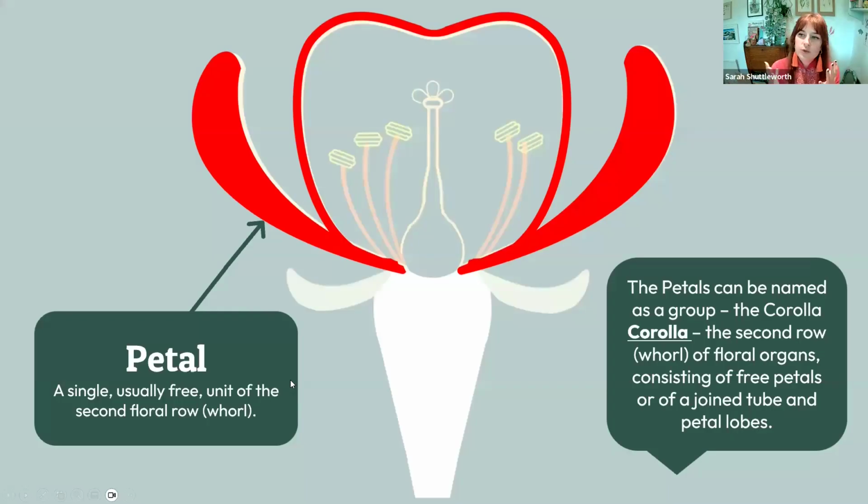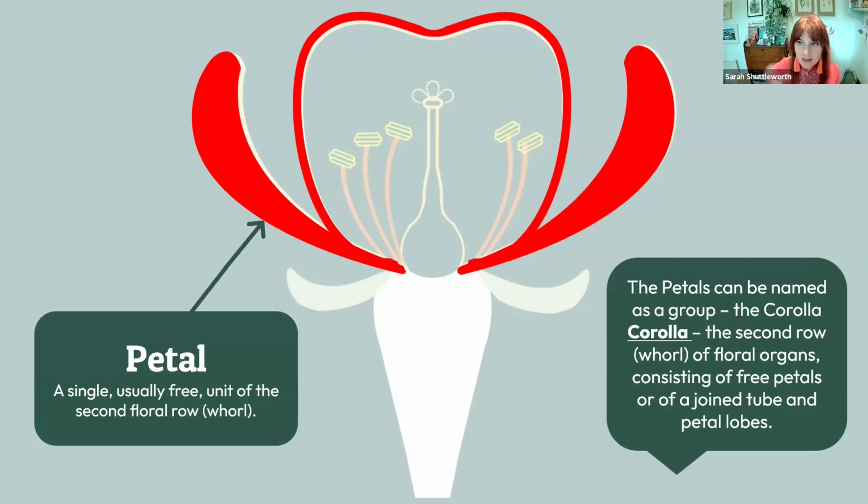And then we're going into a little bit more familiar territory now with petals. And most people, I would say, are probably familiar with what petals are. Usually the petal would be referring to an individual, but obviously petals, plural, usually a free unit of the second floral row or whorl. And these are the same as sepals.